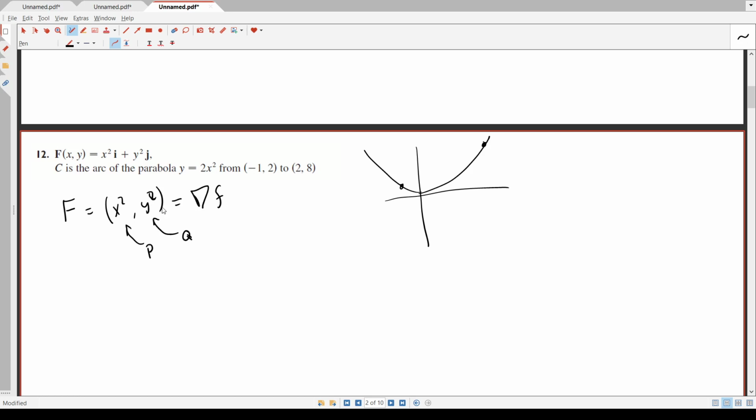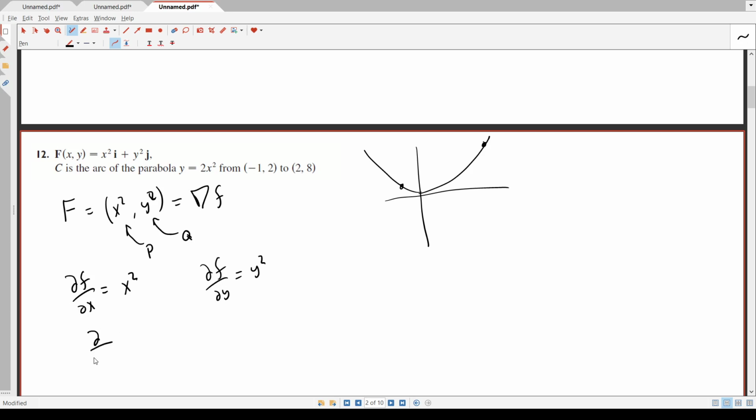Okay, so we're assuming that this is equal to the gradient of something, right? So that means that df dx is equal to x squared, and df dy is equal to y squared. Now, I'm going to look at the mixed derivatives.